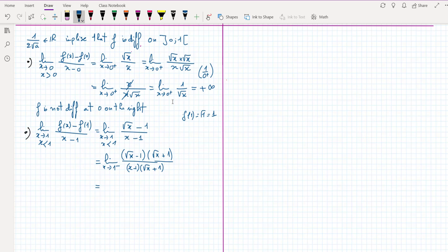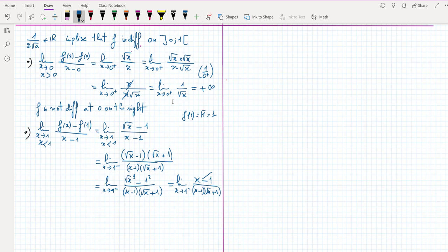The root x minus 1 times root x plus 1 is root x squared minus 1 squared, over x minus 1 times root x plus 1. Limit of x tends to 1 minus: root x squared is x, 1 squared is 1, over x minus 1 times root x plus 1.